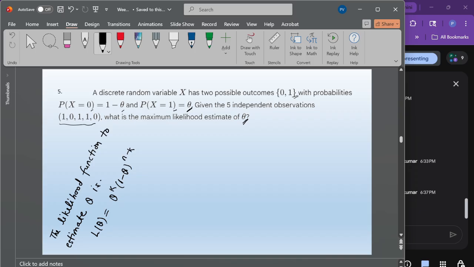Here n is the number of independent observations, or you can say the total number of samples.